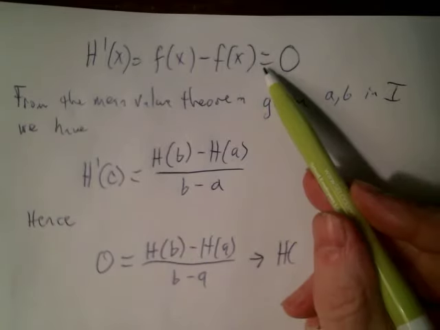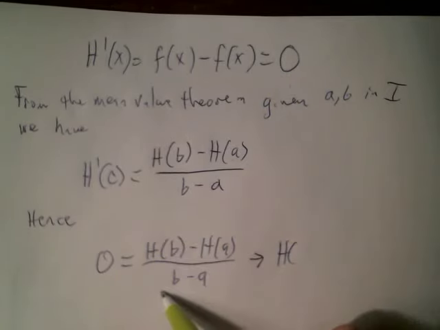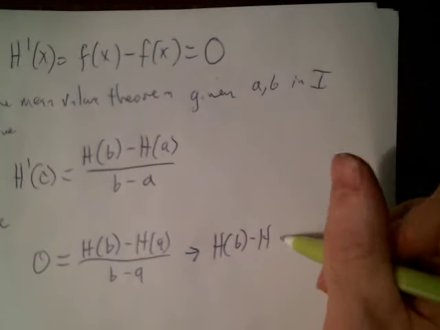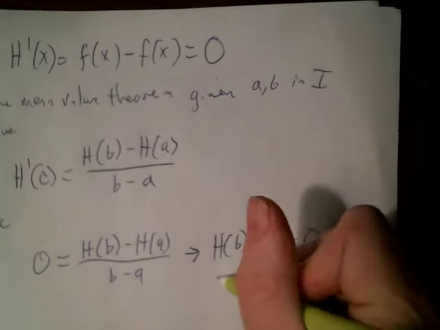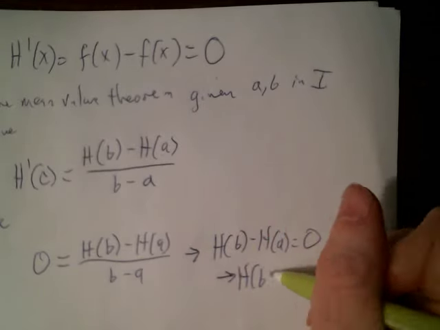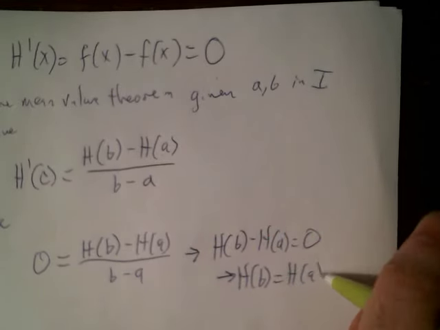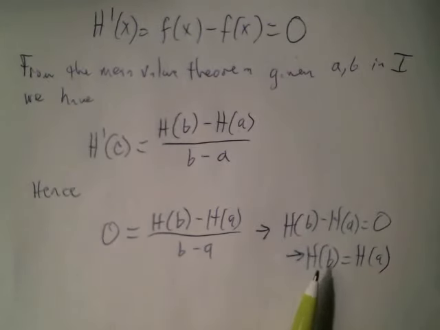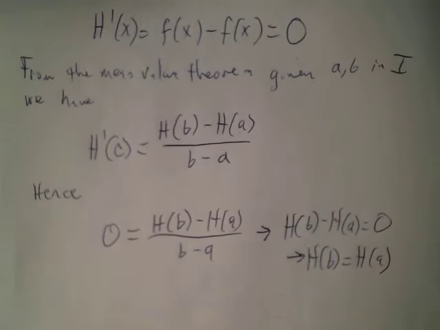So I put 0 over here, multiply both sides by b minus a, and I get H of b minus H of a equals 0, which tells me H of b is equal to H of a. And then because b and a were arbitrary points in this interval, we could say H of b equals H of a for any a, b in this interval.